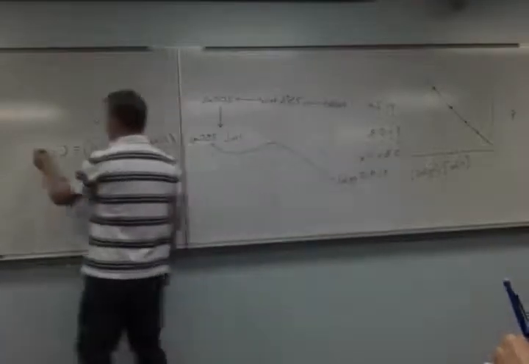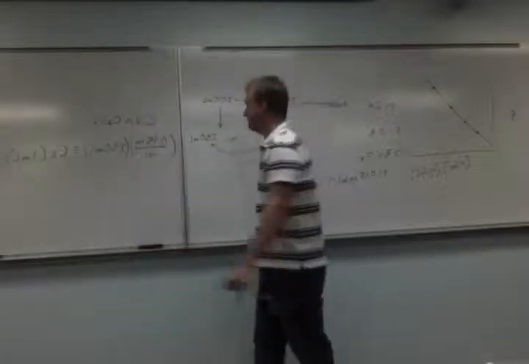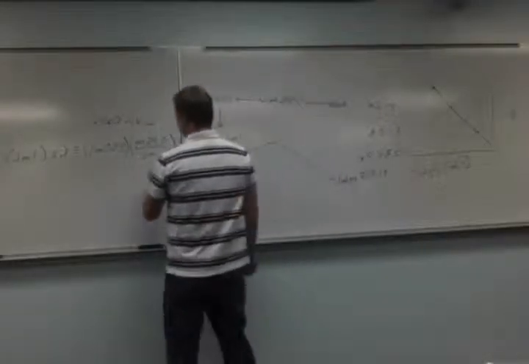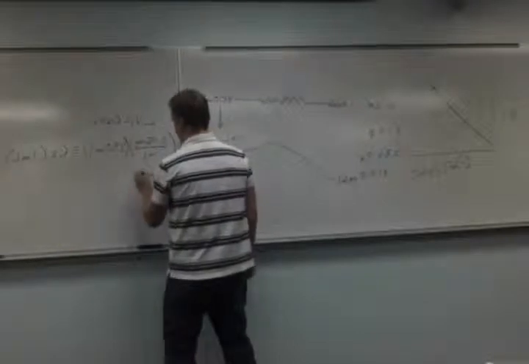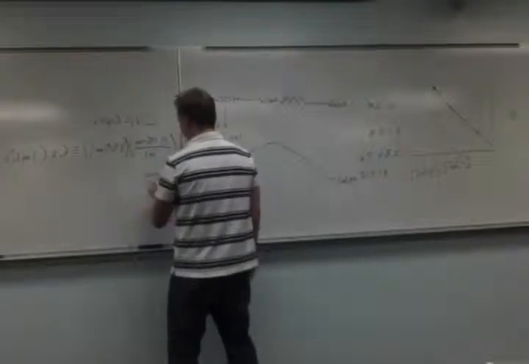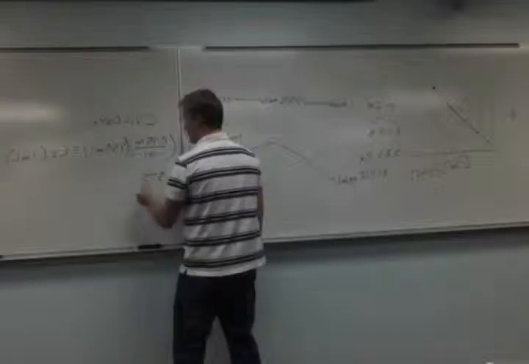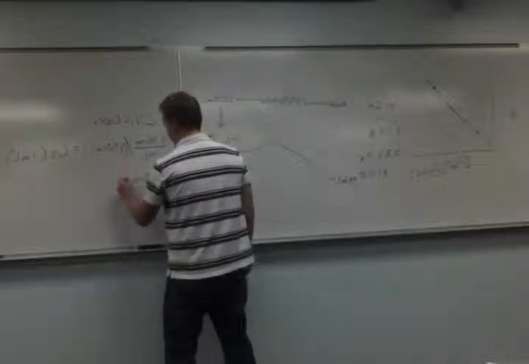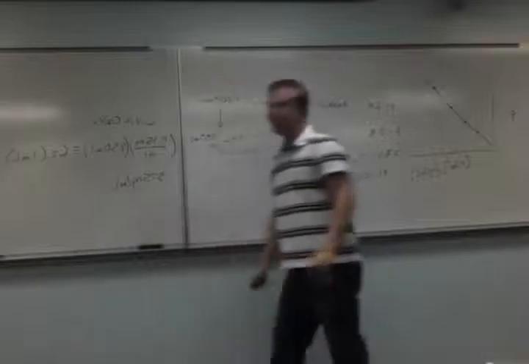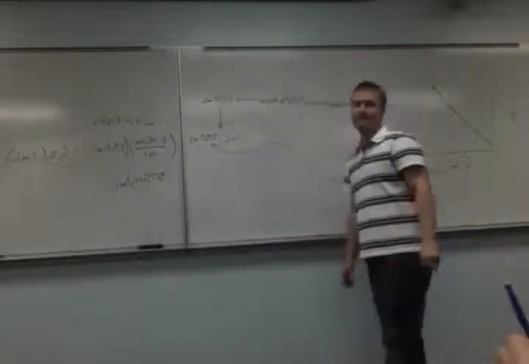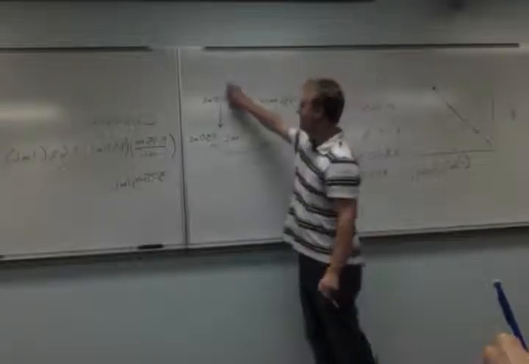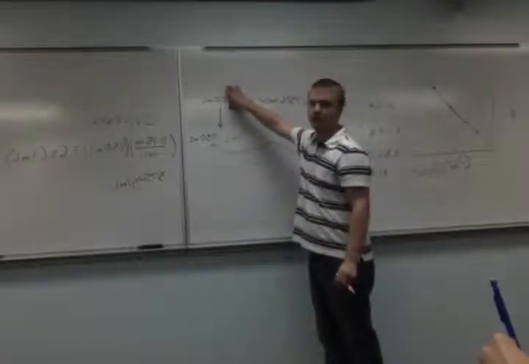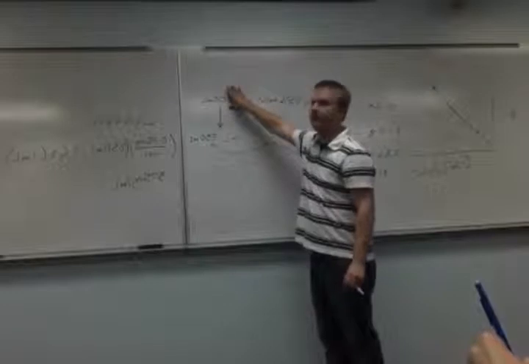So V2 is 1 milliliter. So the concentration of riboflavin in this solution is 37.5 nanograms per milliliter.